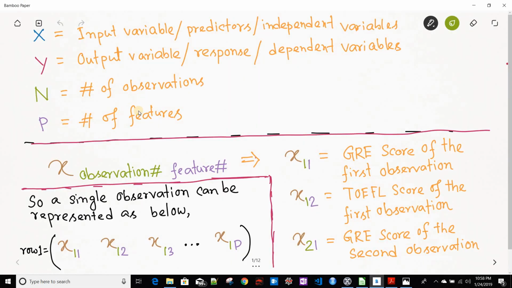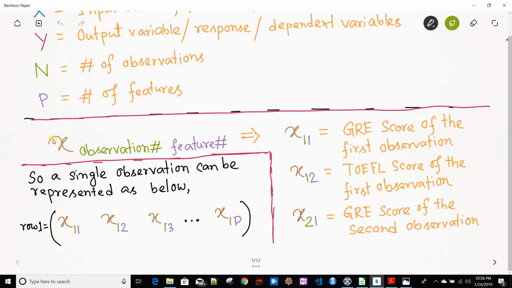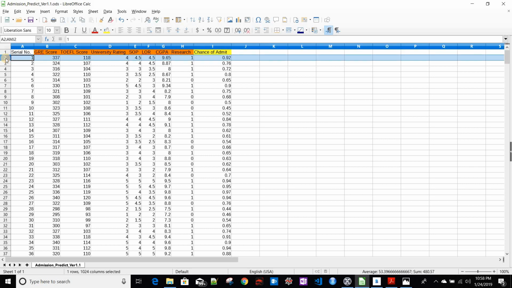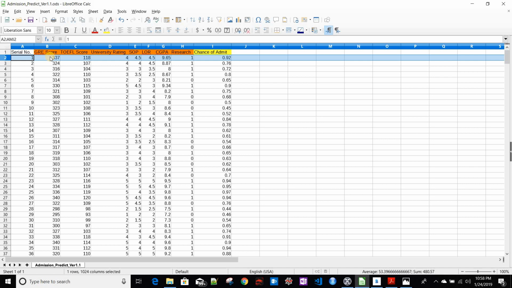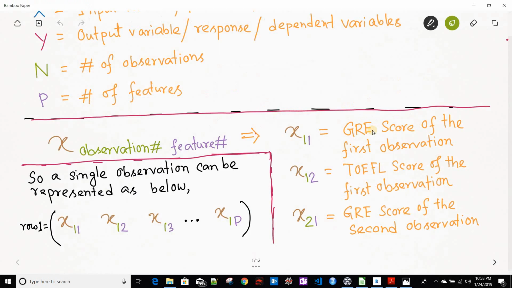Okay, let me introduce another notation. We'll say small x, with the subscript being the observation number and the feature number. So small x11 means observation number 1, that means we are dealing with the first row, and feature number 1, that means the GRE score, which is 337. That is the GRE score of the first observation.